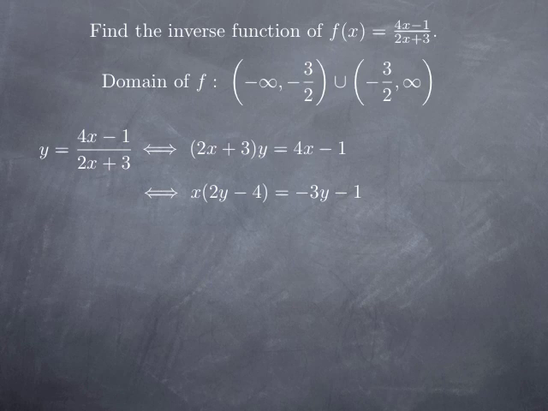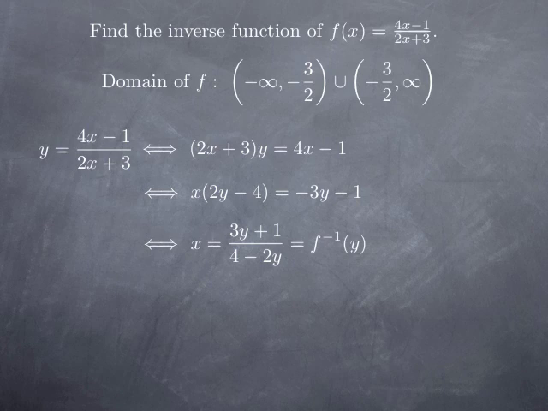And then for the terms that do not contain x, I have negative 1 that is already on the right-hand side, and 3y that I will move to the right-hand side and it becomes negative 3y. Dividing both sides by 2y minus 4 and then multiplying top and bottom by negative 1, I obtain x is (3y plus 1) divided by (4 minus 2y).